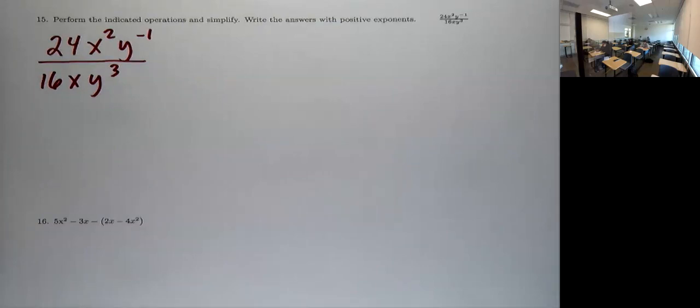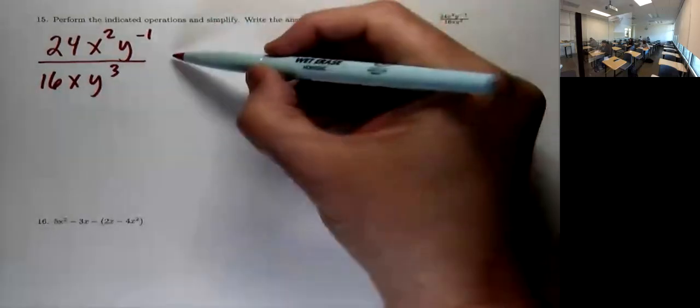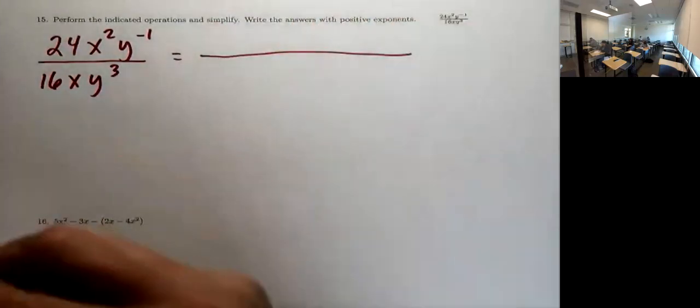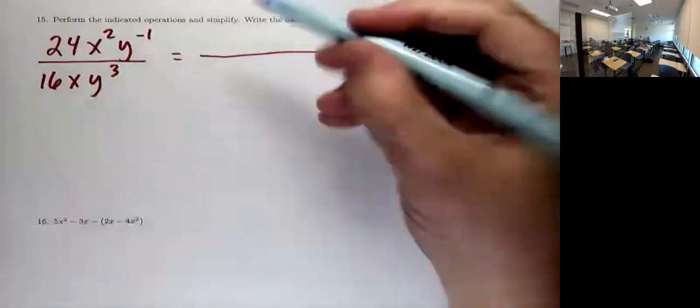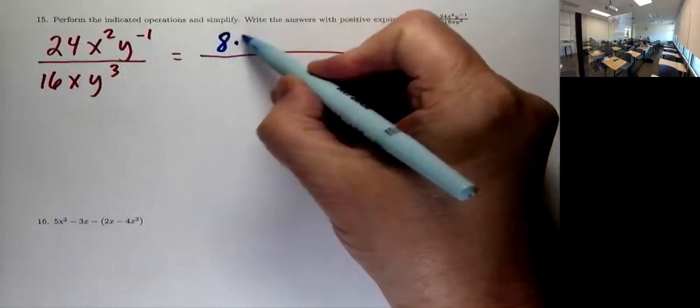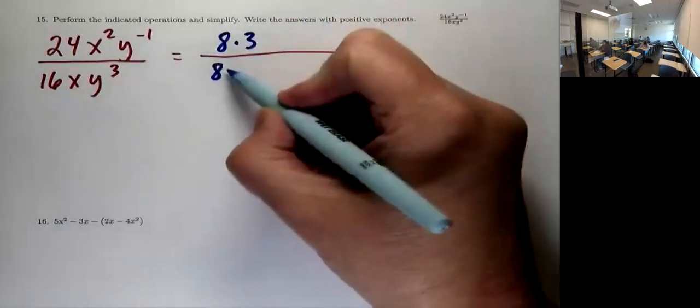Okay, so when we have stuff like this, we want to simplify. We want to get everything, the letters, on the same side if we can. So one thing we can do to simplify is factor the numbers. I'm going to start off with ones I recognize right away. 24 is 8 times 3. 16 is 8 times 2.